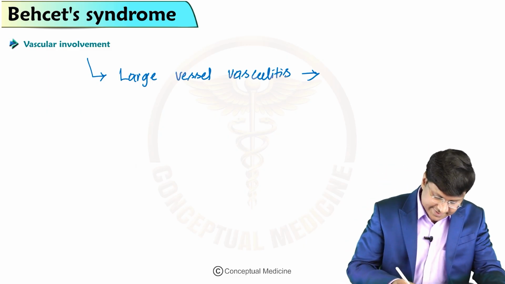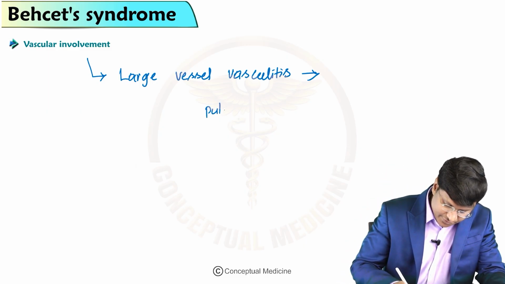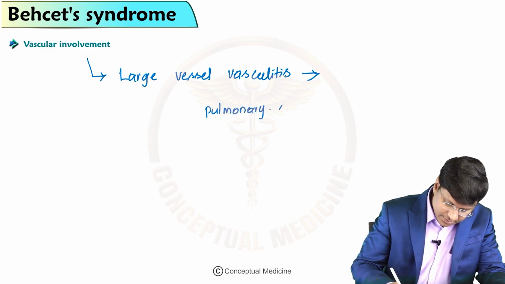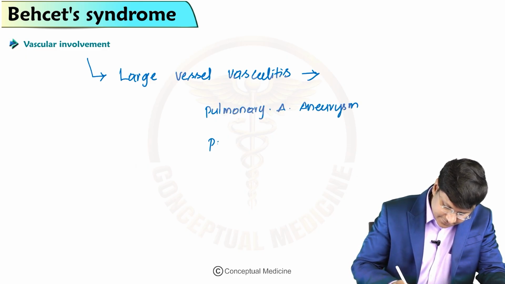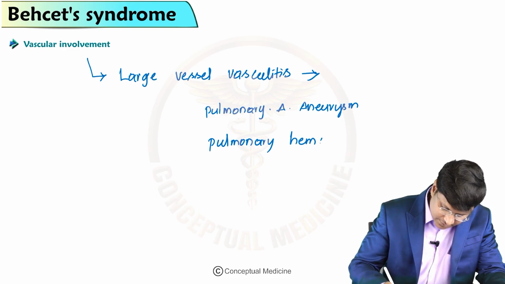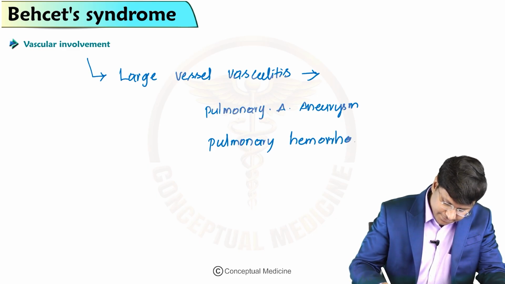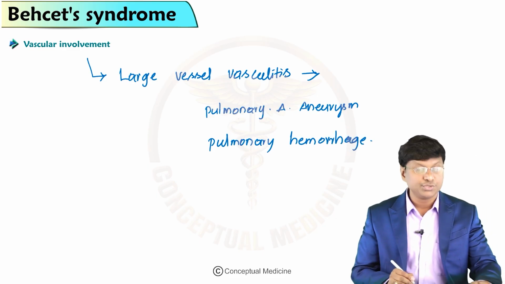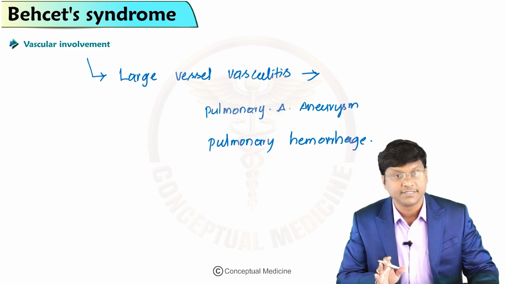So the pulmonary artery is affected, and thereby the individual will have pulmonary artery aneurysm and then pulmonary hemorrhage. That is the vascular involvement.